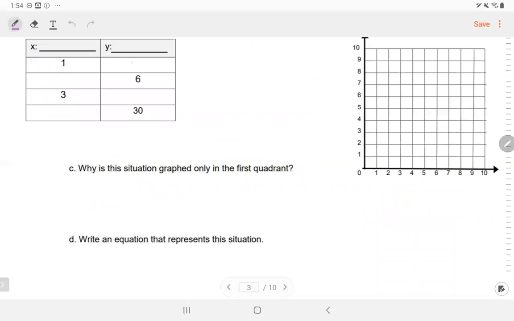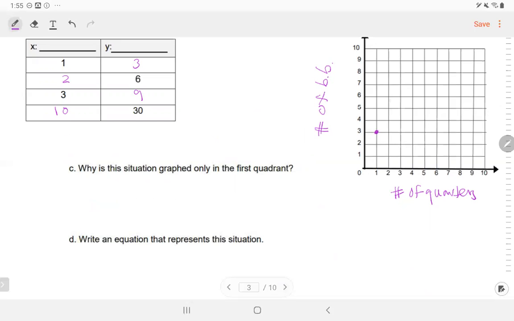So just to fill out this table real quick again, this is 1, 3, 2, 6, 3, 9, and 10, 30. So this is the number of quarters on the x-axis for my graph. And for the y-axis, this is the number of bouncy balls. So if I put 1 quarter in, I have 3.